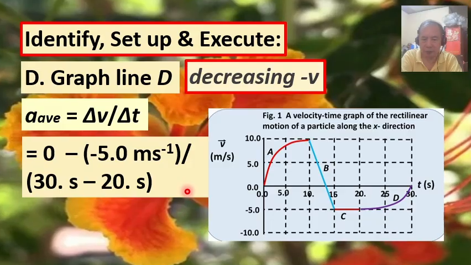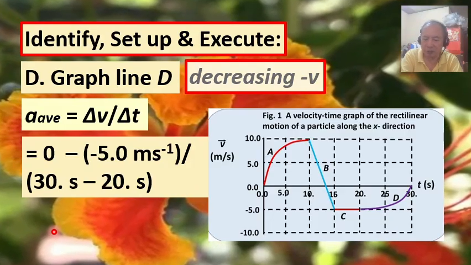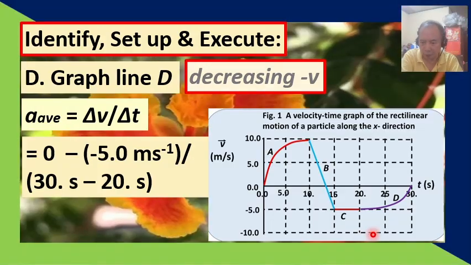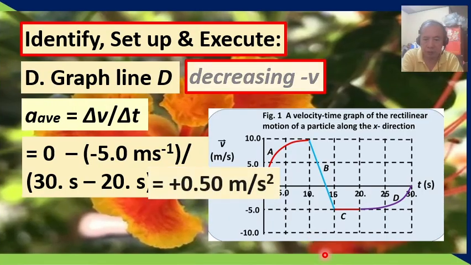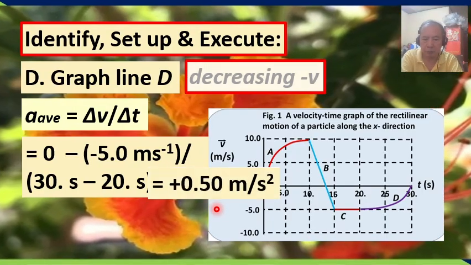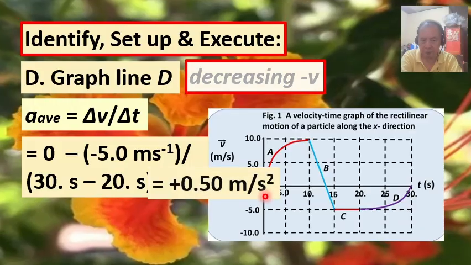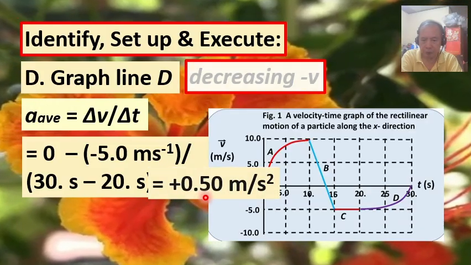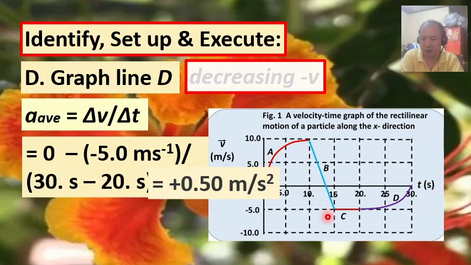So doing our math, we get the average acceleration, or the average slope of graph line D, equal to positive 0.50 meter per second squared. So definitely it is a positive acceleration.